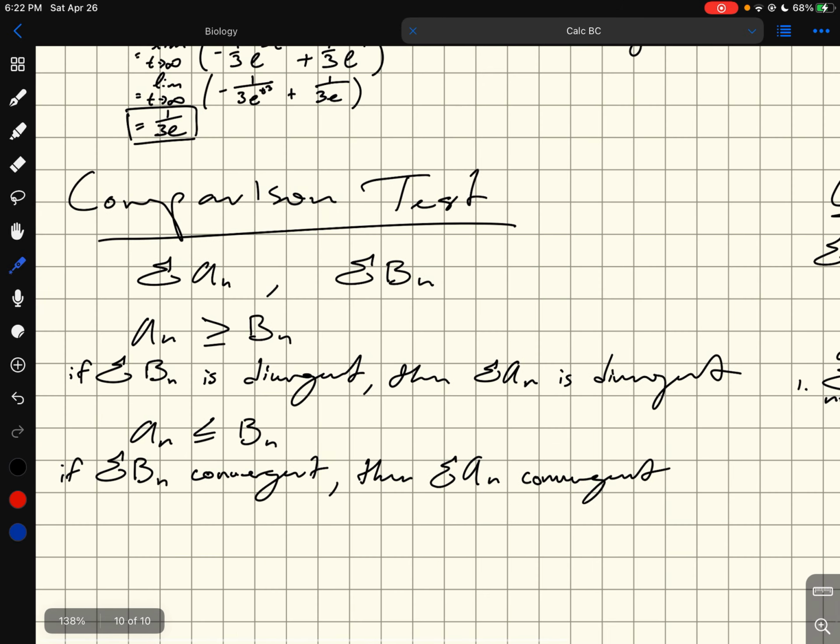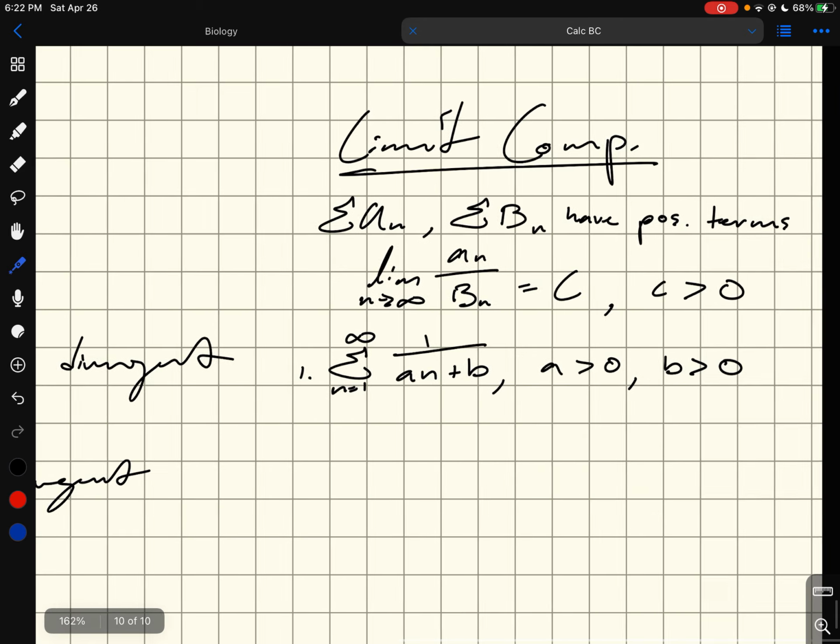Then you wouldn't know anything about a, because if the smaller one converges, we don't know. The bigger one can still diverge, because a smaller one converging can't force the bigger one to converge as well. Whereas if the smaller one diverges, then the bigger one is forced to diverge. So when you have a case like that and this doesn't work, then you can use limit comparison.